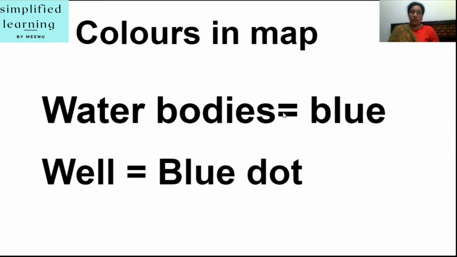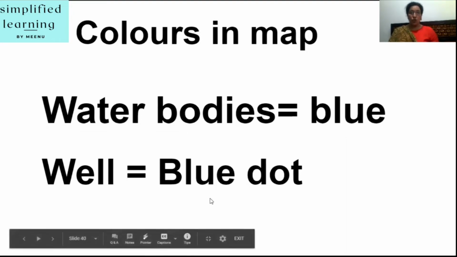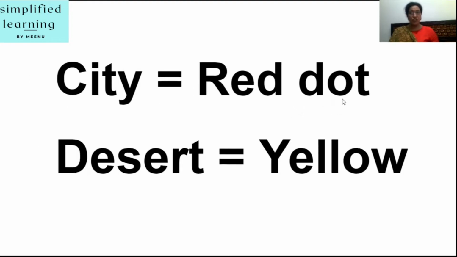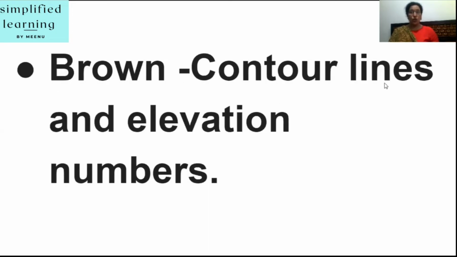So there are a few colors which represent different natural features, geographical features of our earth, like blue color for water bodies, blue dot for well, then orange color for plateau, green color for vegetation, red dot for a city, yellow for the desert, contour lines.